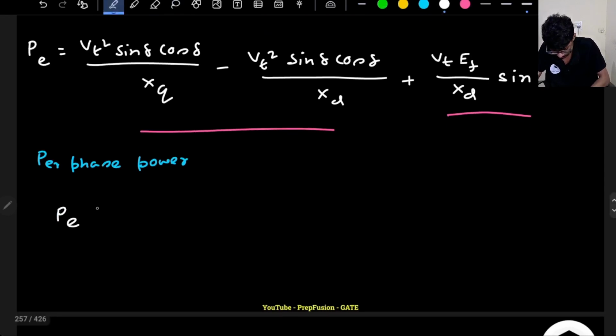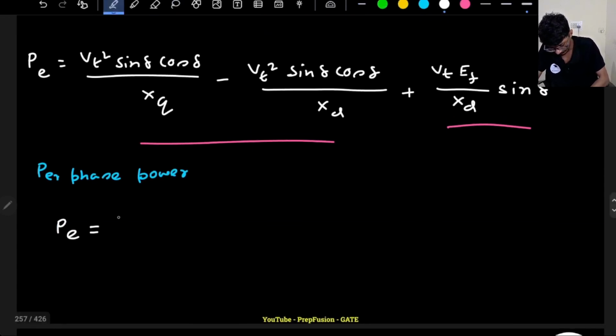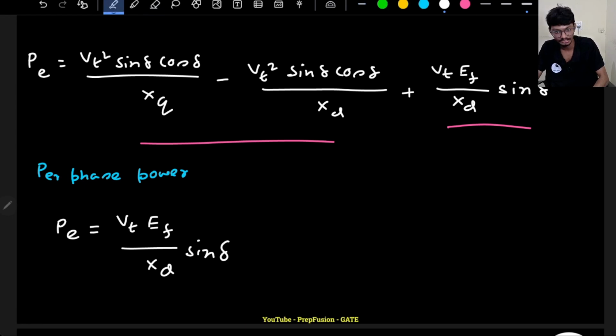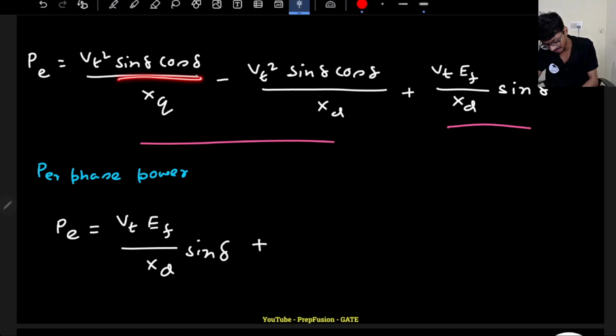This will be equal to VT EF by XD sine delta. This is something familiar, right? VT EF XS sine delta, something similar to that in case of a cylindrical pole rotor, plus, now remember, this is sine delta cos delta, right? So sine delta cos delta, if I multiply and divide by 2, it will be 2 sine delta cos delta. So sine of 2 delta.